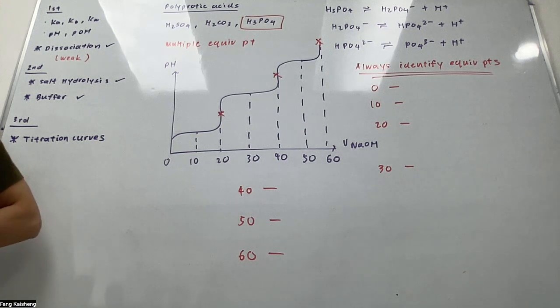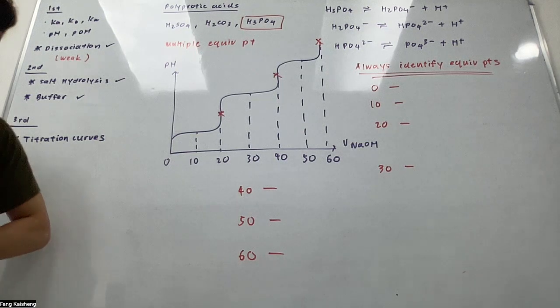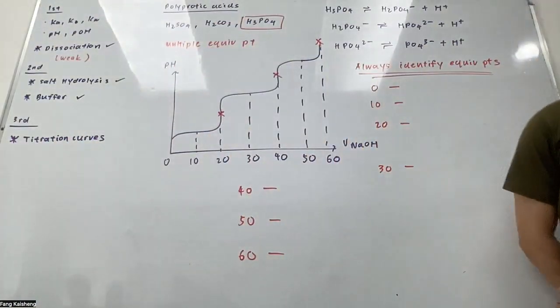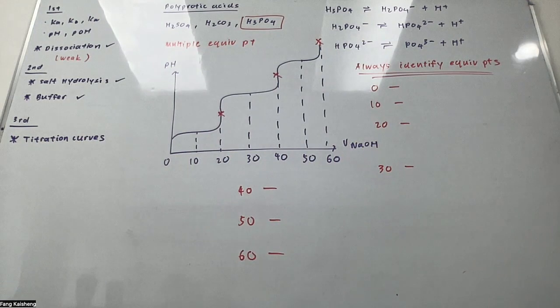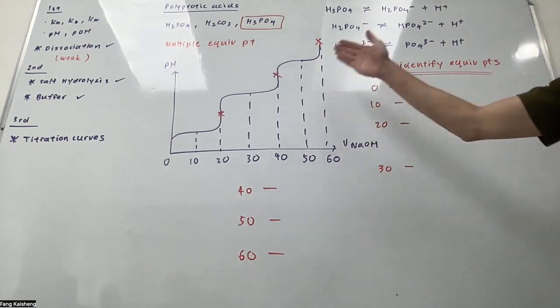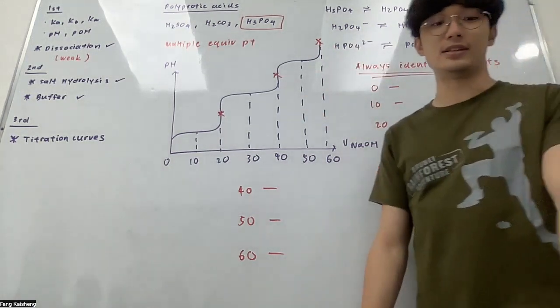Okay, done. Start at 0 first. I suggest you do the 0 and all the 3 equivalence points. It's a lot easier.